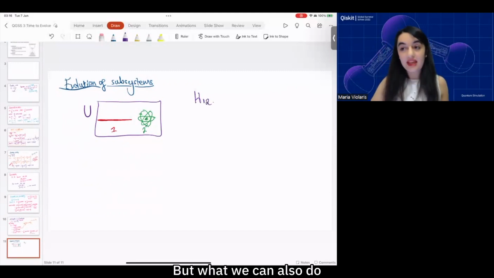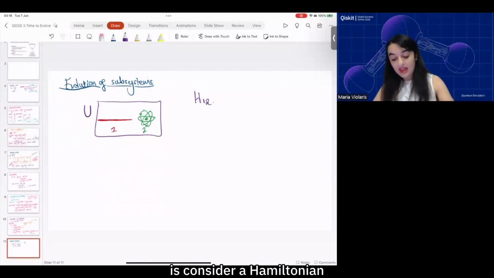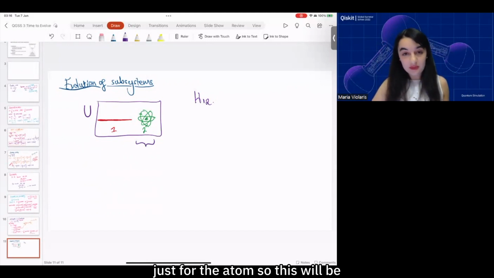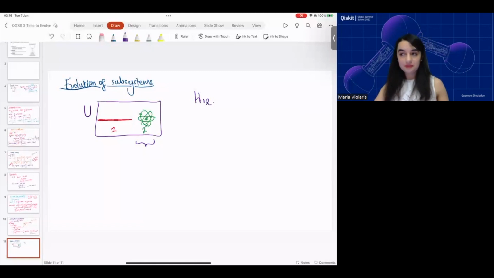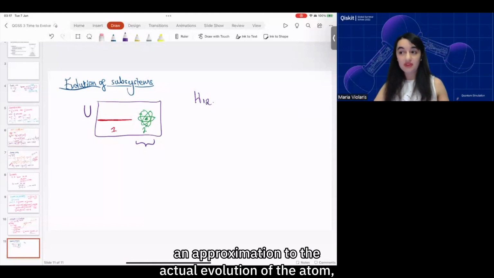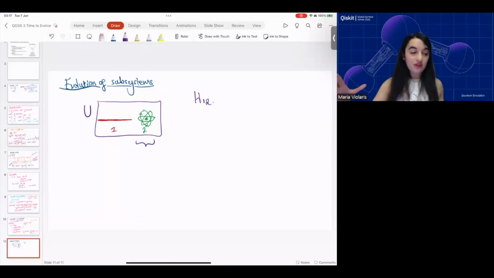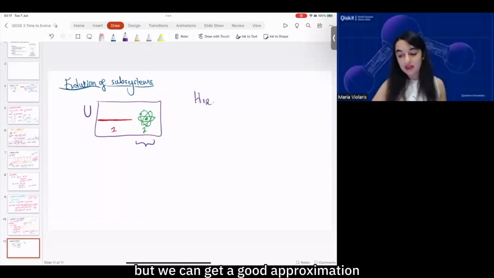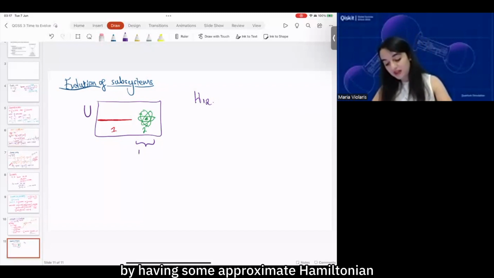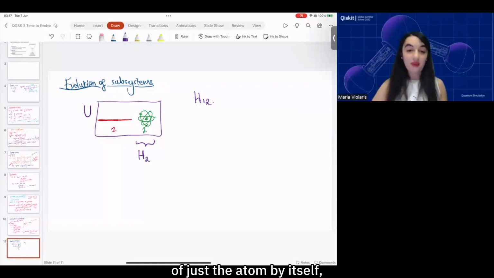But what we can also do is consider a Hamiltonian just for the atom. This will be an approximation to the actual evolution of the atom, but we can get a good approximation by having some approximate Hamiltonian of just the atom by itself.